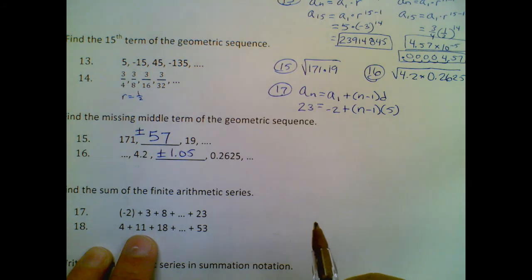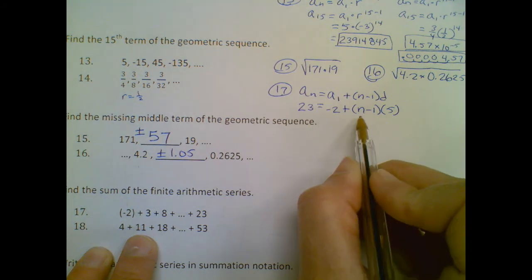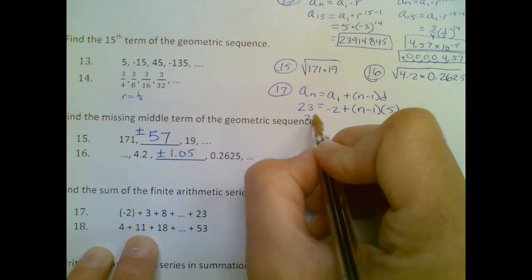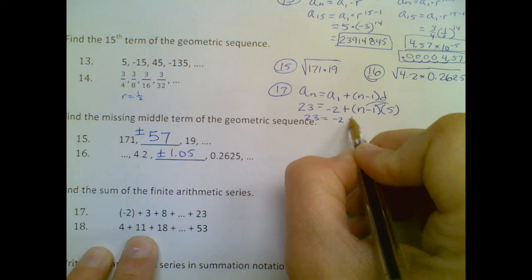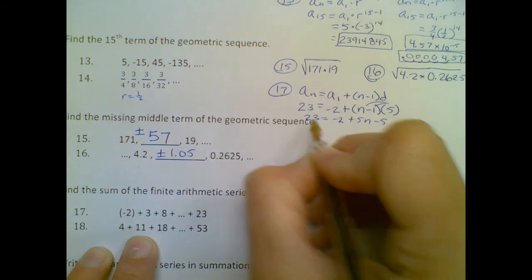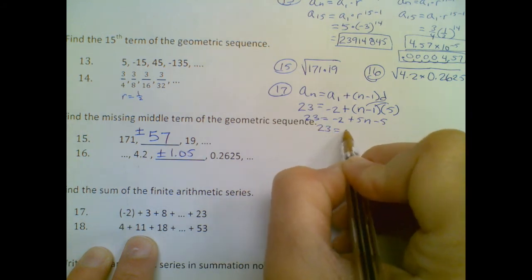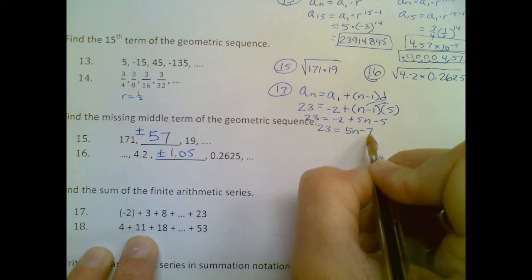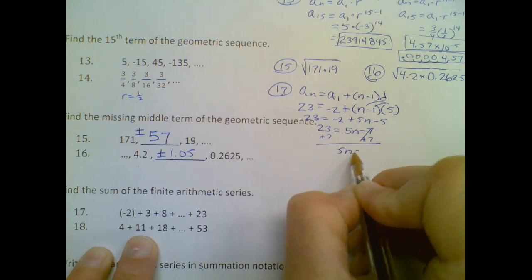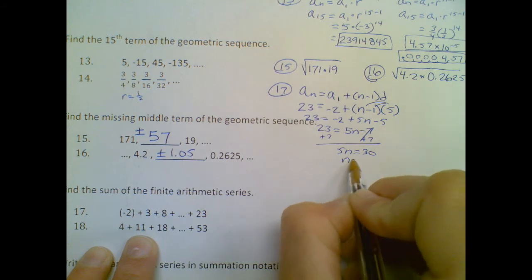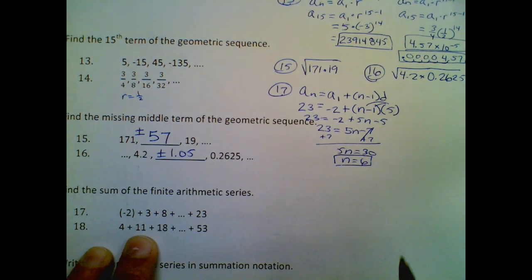Okay, and so then I'm going to go through, simplify this down, and get the n by itself. So I'm going to distribute the 5, so I get 5n minus 5. I can go ahead and combine like terms. So I get -7, add the 7 over. So I get 5n equals 30, so n equals 6. So there's 6 total terms.